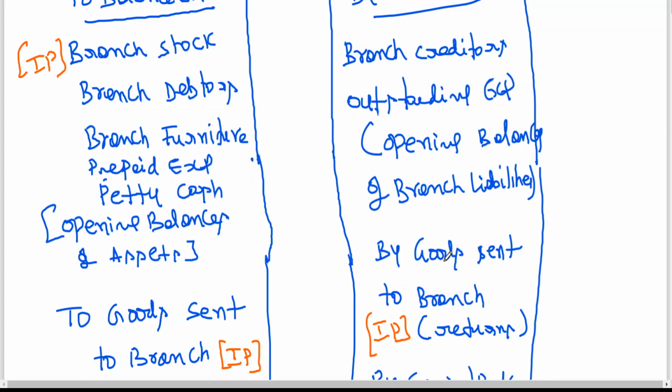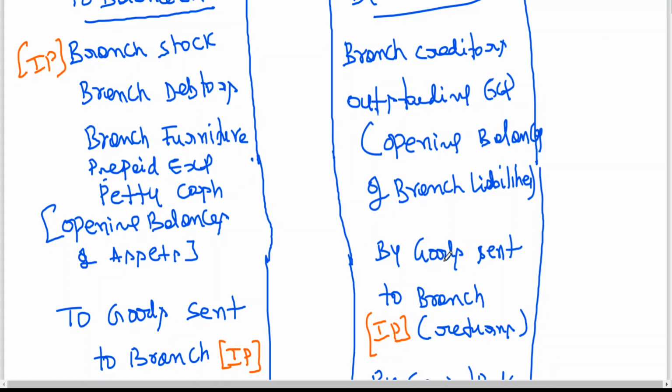See, head office Mumbai supplied goods to me in Hyderabad, but the goods are not received, which means it's nothing but goods in transit. When goods are supplied by the head office but not received by the branch, the entry is goods in transit account debtor to branch account.